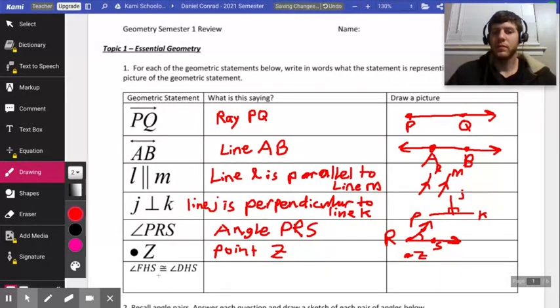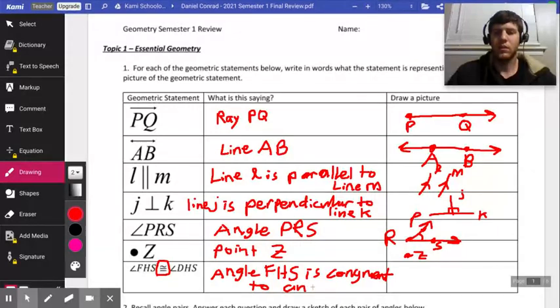This here means congruent to. So angle FHS, Fordson High School, FHS, is congruent to angle DHS.